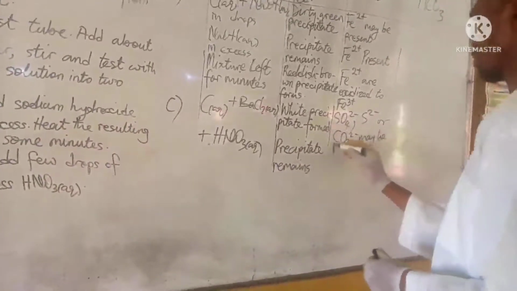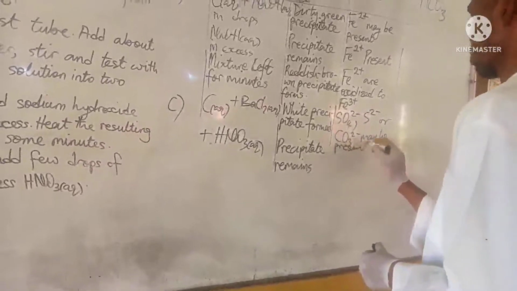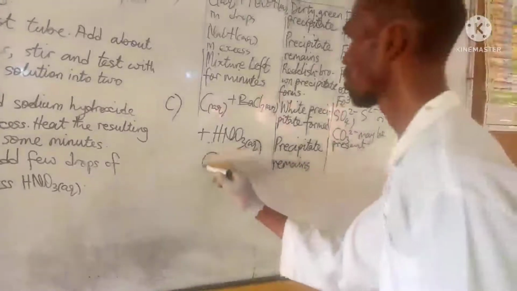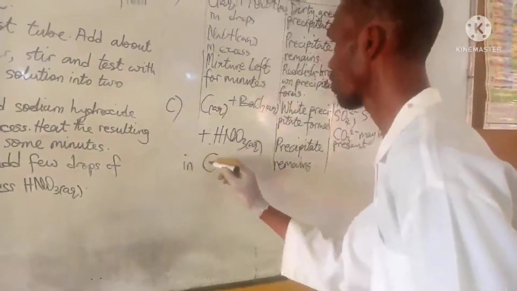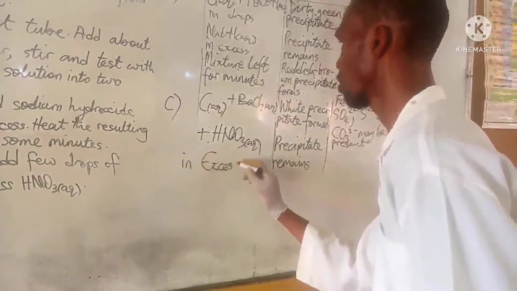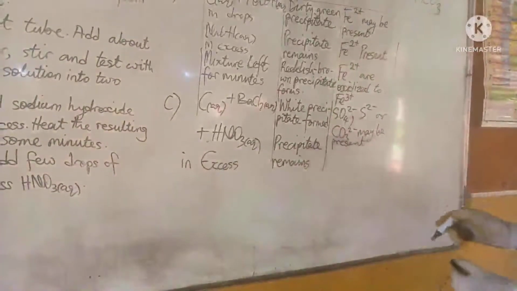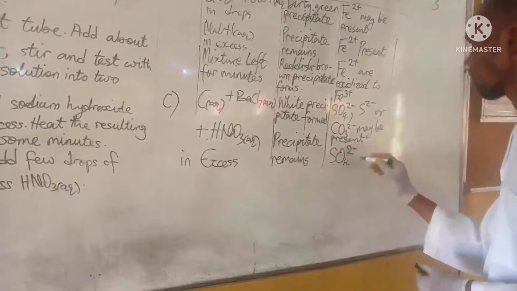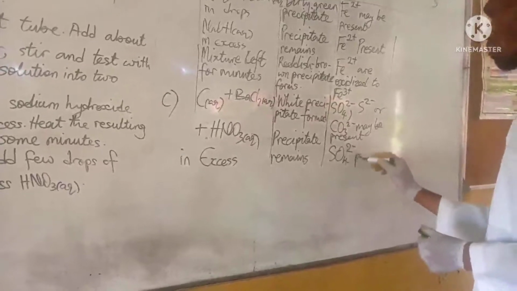May be present. But when you added HNO3 in excess, you see that precipitate remains. At that time, now you confirm SO4 2- present.